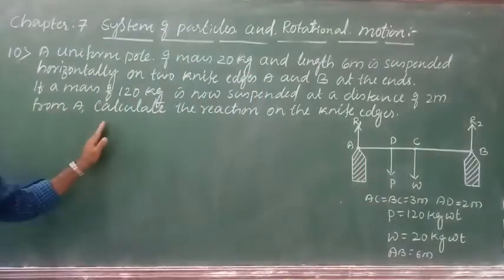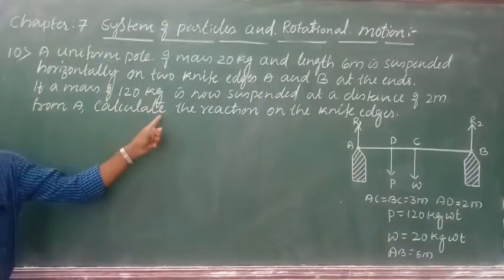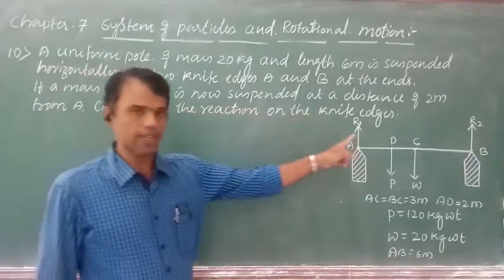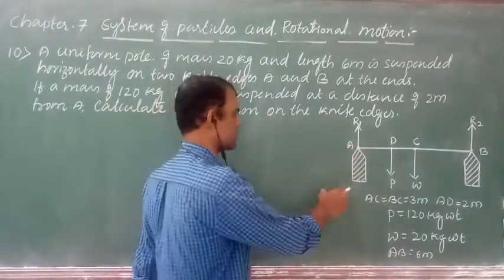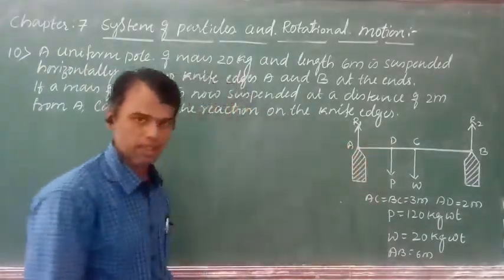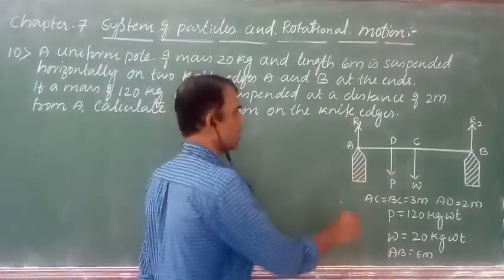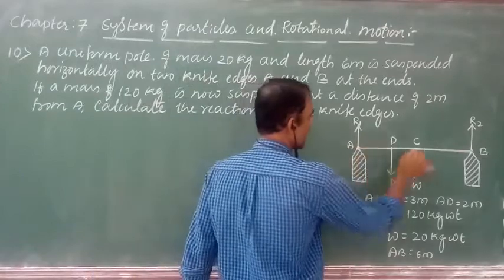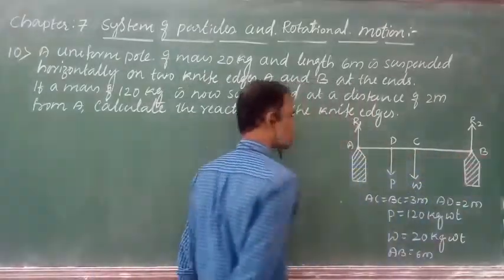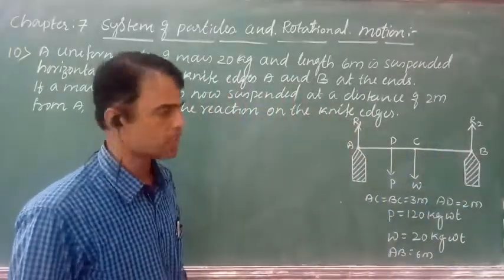What is asked in the problem is the reaction on the knife edges. For every action there is an equal and opposite reaction according to Newton's third law of motion. At point A and at point B, these two knife edges will have reaction forces.